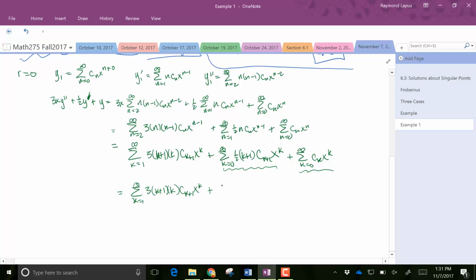So when k is equal to 0, I get 1/2 times 0 plus 1, c sub 0 plus 1, and x to the 0 power, which is just going to make it into a constant. Meanwhile, since I took the k is equal to 0 term out, I'm going to start my series at k is equal to 1, and everything else stays the same.